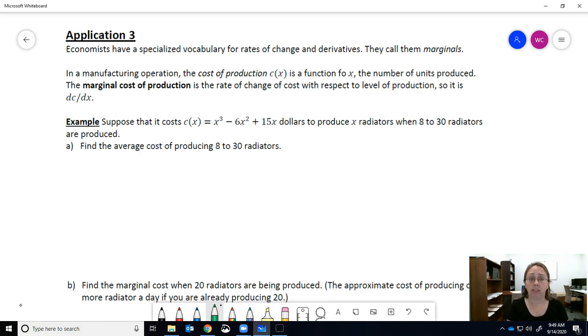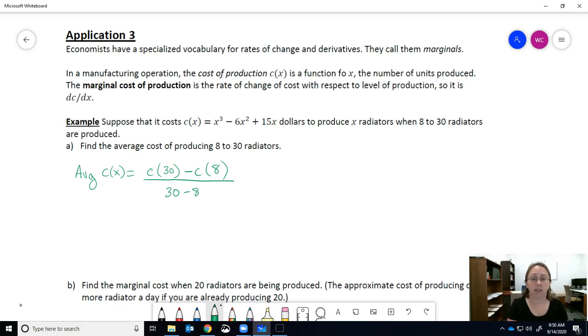So we're going to use the same formula that we used back in the olden days to find the average cost. Remember, that was the function evaluated at each point. Well, we were doing time, now we're doing each stage of production. So 30 minus 8 divided by 30 minus 8.